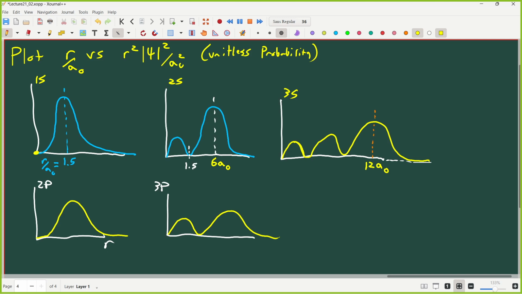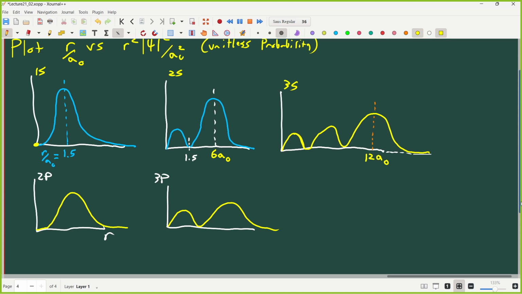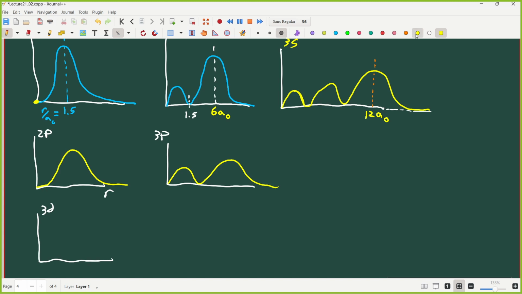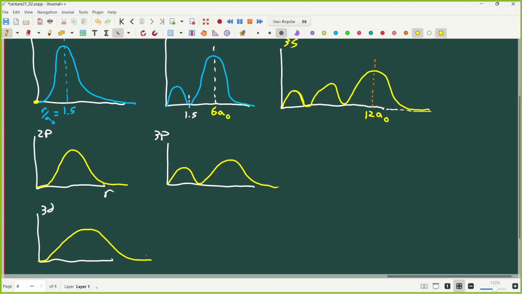Okay, you can kind of think that, and it's not that surprising, if I go to the 3d orbital, which is really quite interesting, it also doesn't have any nodes either. Or this is the main 3d orbital. It's just kind of broad, like this as well.